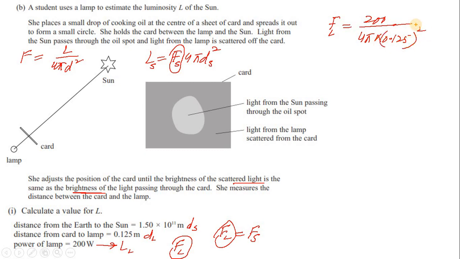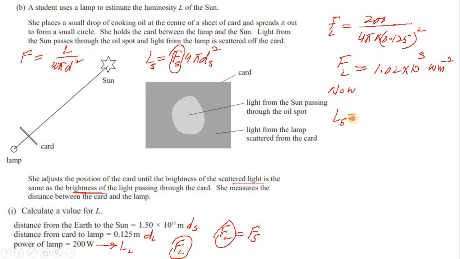Once you solve this, the brightness FL would be equal to 1.02 × 10^3 watt meter^-2.